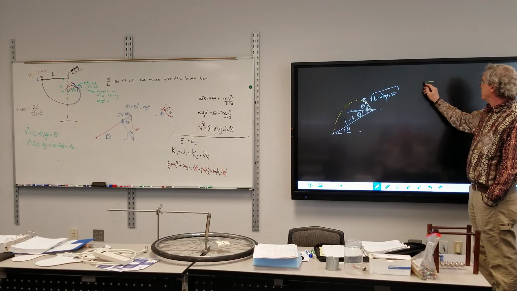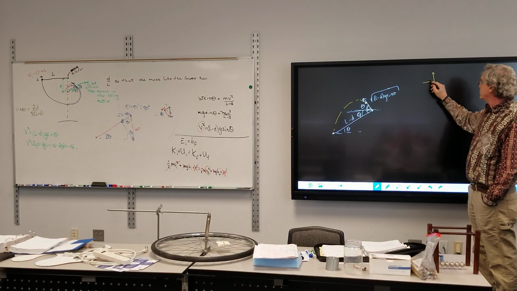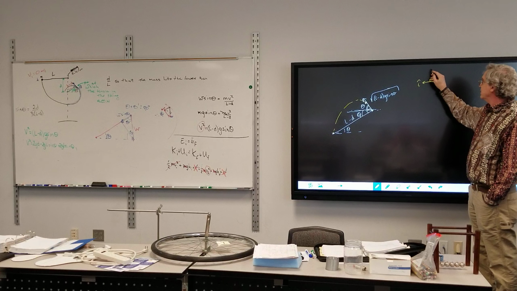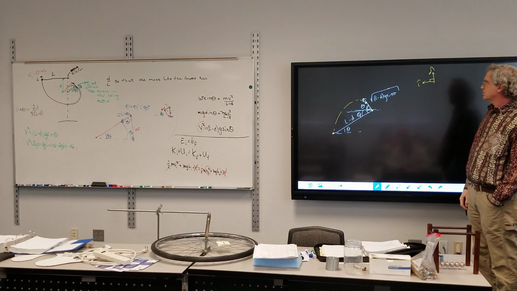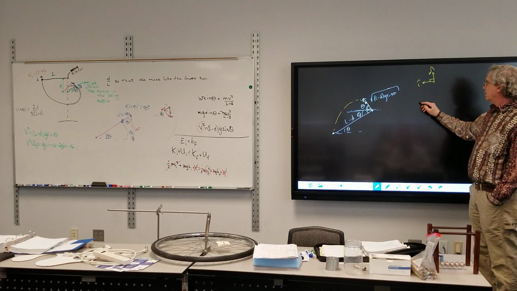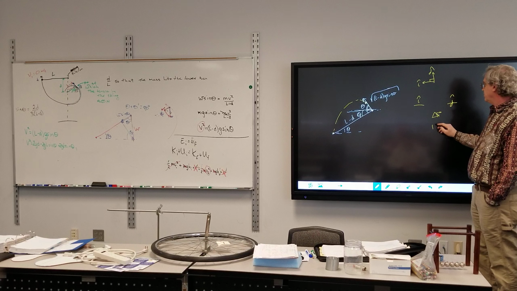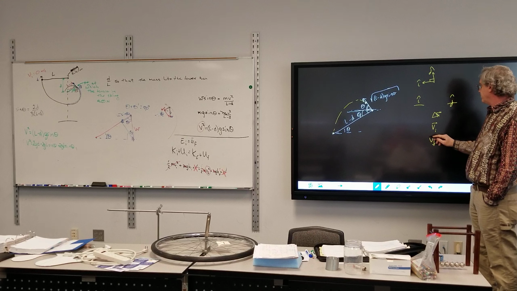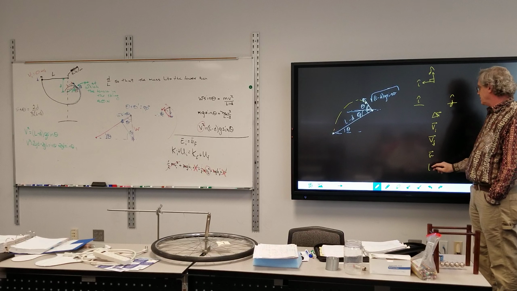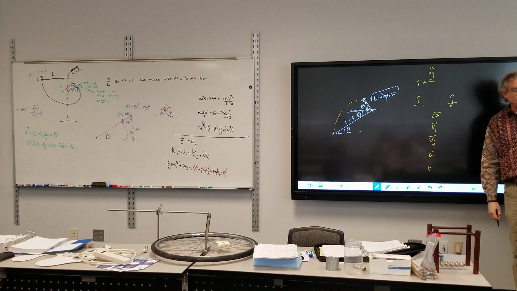Well, let's set up a coordinate system here. Let's go ahead and make those the positive directions. I hat and j hat. So we'll have our i hat equations, we'll have our j hat equations, we'll have delta x, vi, vf, a, and t. What do we know?